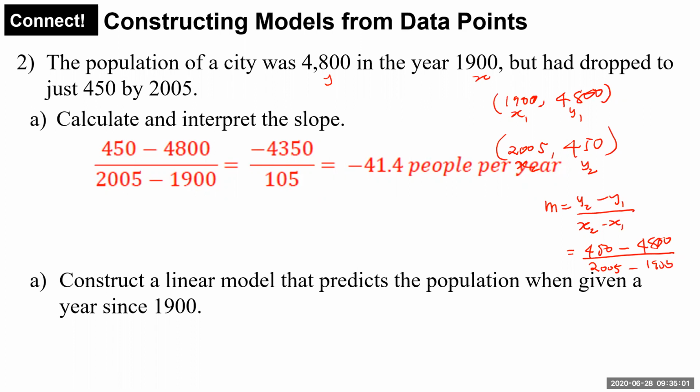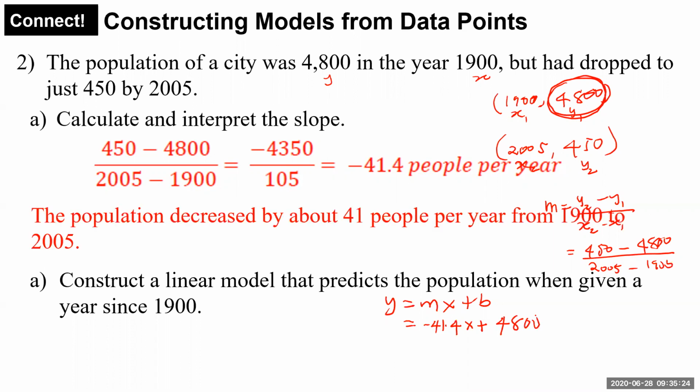Now you want to construct a linear model. So in your construction, you have y is equal to mx plus b. Now you have your m as minus 41.4x. Now what is your b? We have said that your b will always be the value of your y1 if you label it like that. So you have 4800.